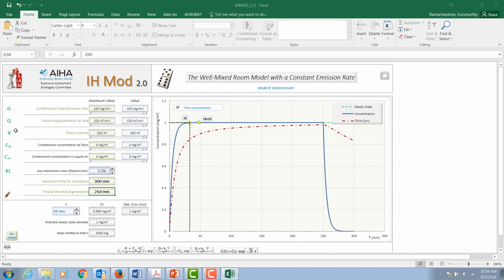G is the contaminant mass emission rate, Q is the room supply and exhaust airflow rate, V is the volume of the room, C0 is the contaminant concentration at time t equal to 0, Cn is the contaminant concentration in the supply air, and K or L is the fraction per minute loss by various mechanisms. And then the cells in these boxes are where you input the values of the parameters you want.